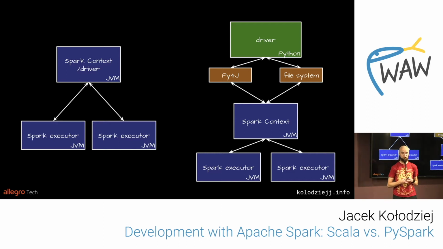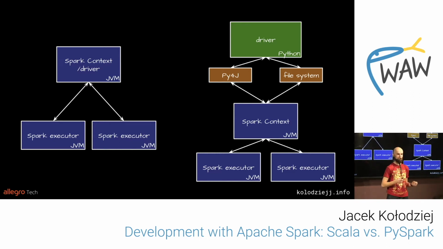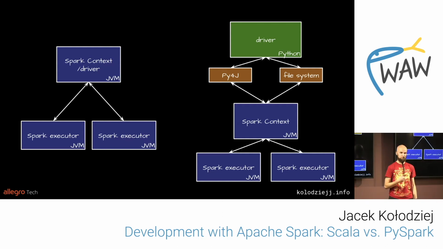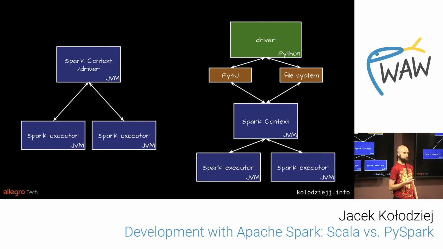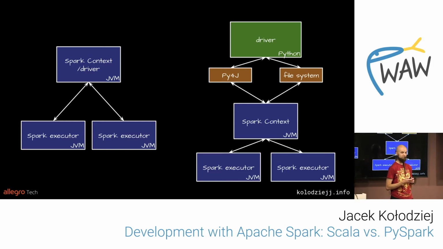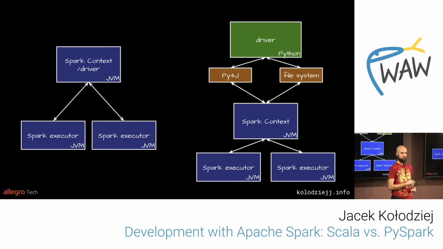But when we run our Spark code as a Python module, we can call this module a driver, and in order for it to do anything with Spark, it needs to communicate with a JVM process. And there's some magical thingy called Py4j, which allows just that. It allows calling JVM objects from Python code and vice versa.